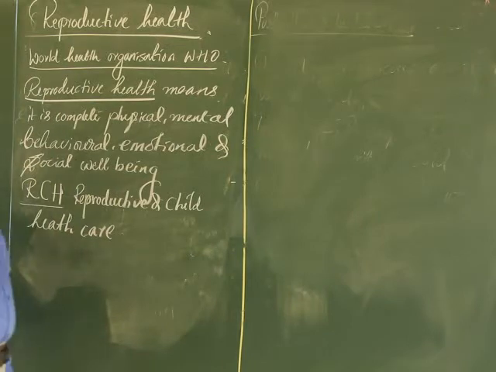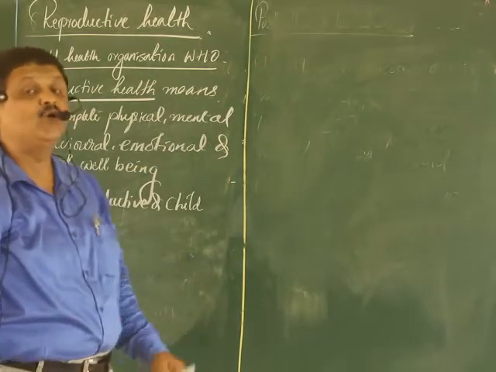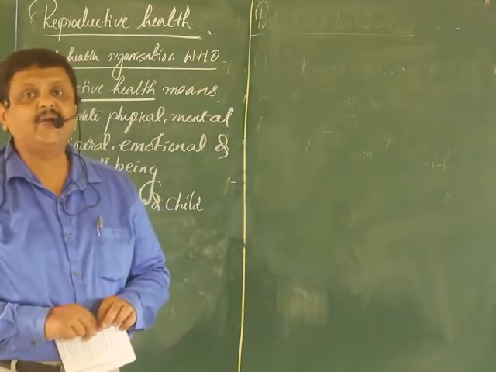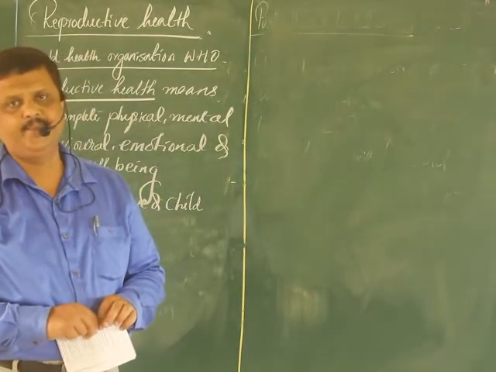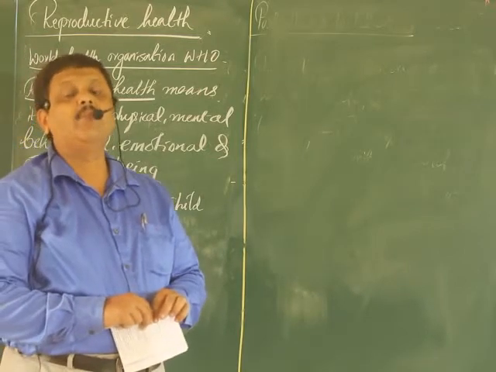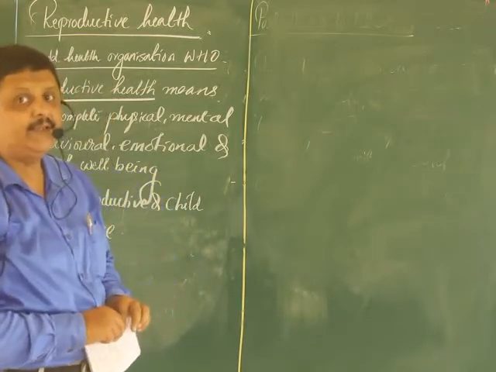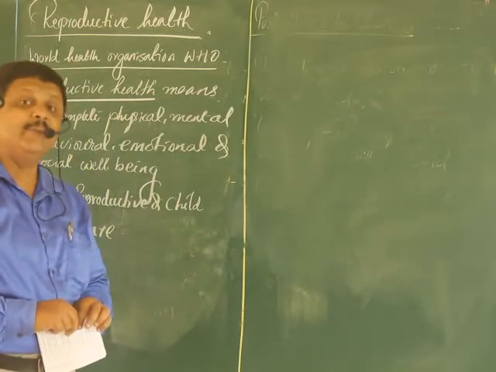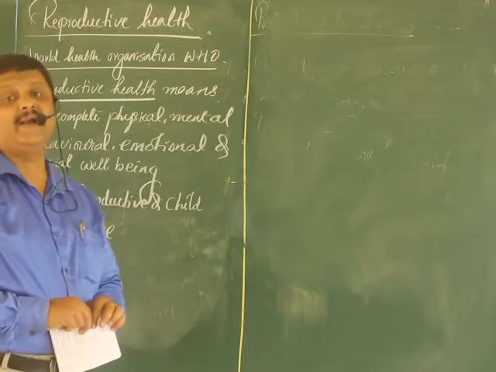In most of the developing countries, underdeveloped countries, mortality rate of the child is very high. Death of the child is mainly because of malnutrition of mother during the time of pregnancy, or lack of immunity, or lack of parental care.